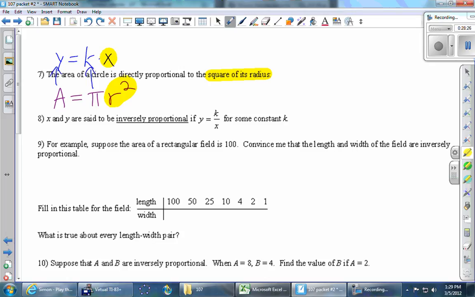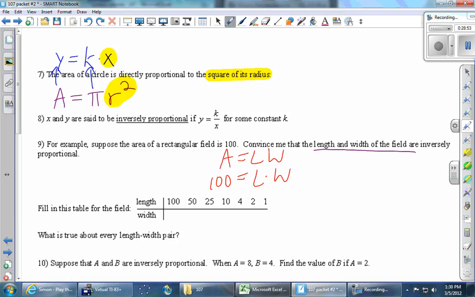Okay, so you guys know the area of a rectangle, right? What's the area of a rectangle? Length times width. All right, so we know that the area is length times the width, but the area in this case was 100. So 100 is equal to length times width. And I wanted you to tell me that the length and the width were inversely proportional.